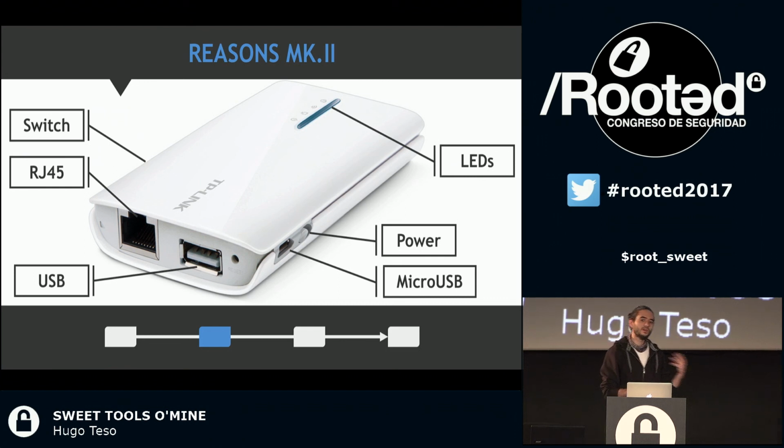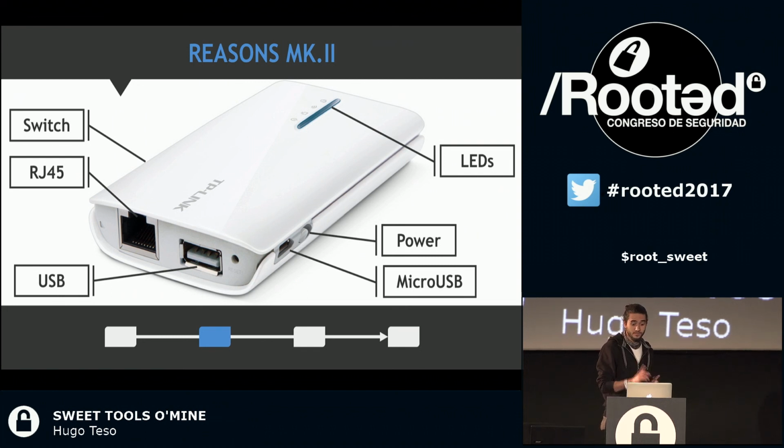It has LEDs and switches, so you can interact with the device, and the device interacts with you. You can configure several things, and it also has Wi-Fi, RJ45, micro USB, and a USB. And that's it. This is as much as I need.